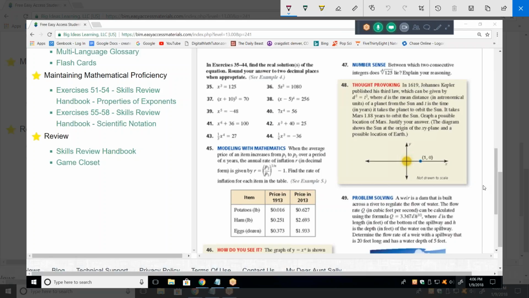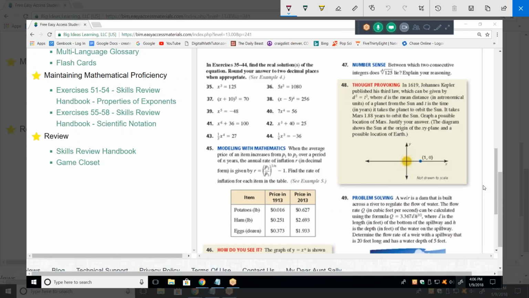So 35, we need to take the cube root of that, and it's 5. Right. Okay, so 35 is easy. What's the first step on 36? Isolate the term.